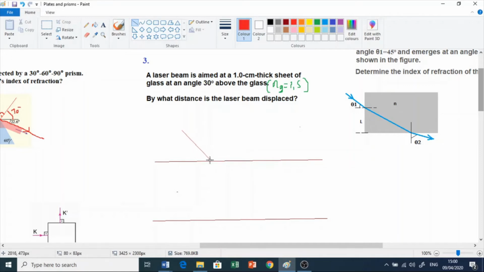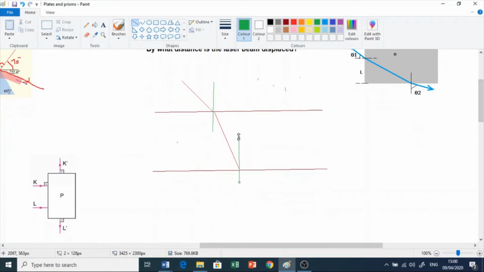This is the incident light ray. I'm going to draw the normal at this point, and this incident ray is going to refract toward the normal. Let's draw the normal for this point. Once more, the light is going to refract when it passes to the air.